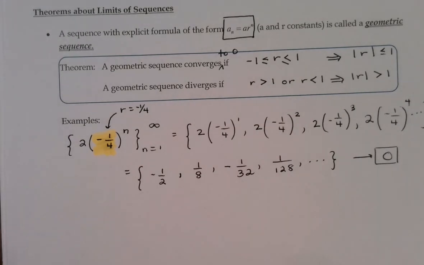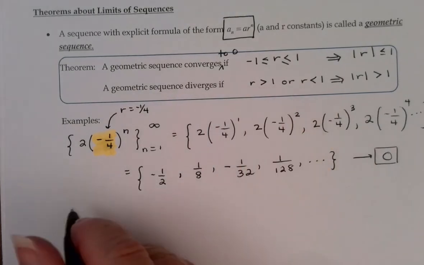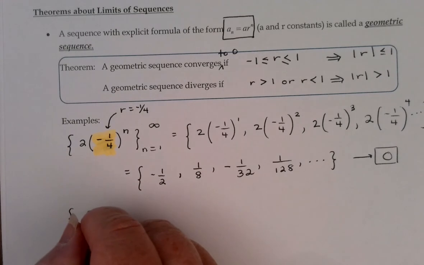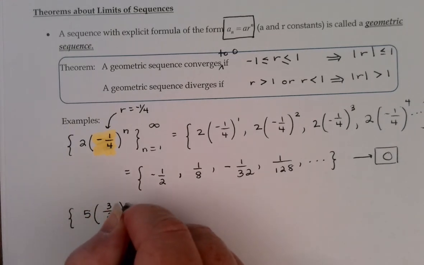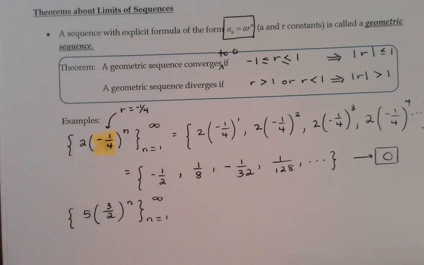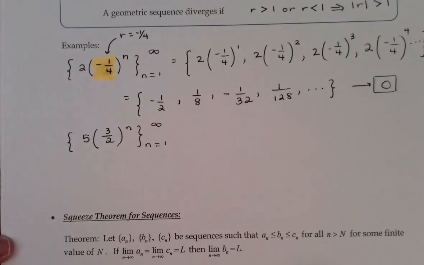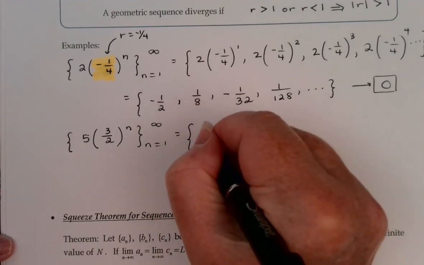Let's try one in the other case. Let's do one where the r value is, I'm going to go with greater than 1. I'm going to do 5 times 3/2 to the n, as n goes from 1 to infinity. All right, let's write out a few terms.